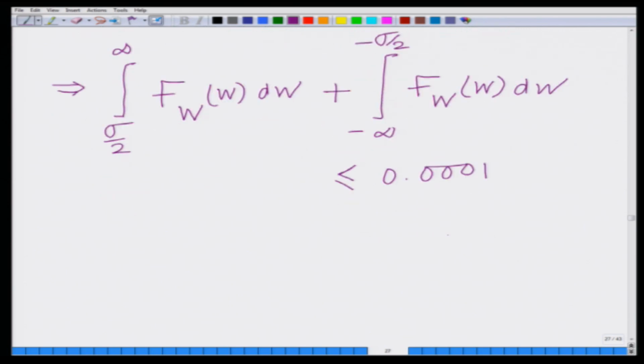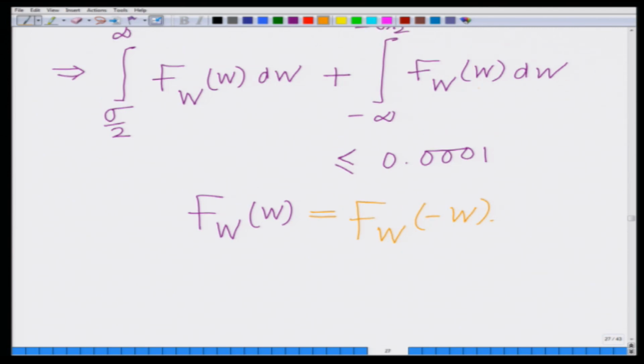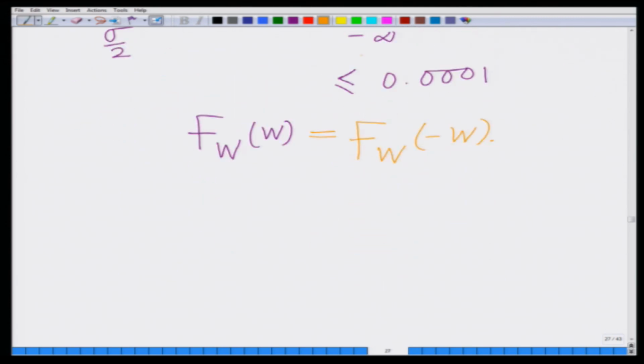Now observe that this probability density function is an even function, therefore f_W(w) is equal to f_W(minus w), which means both these integrals are equal. The integral from sigma by 2 to infinity is equal to the integral from minus infinity to minus sigma by 2.